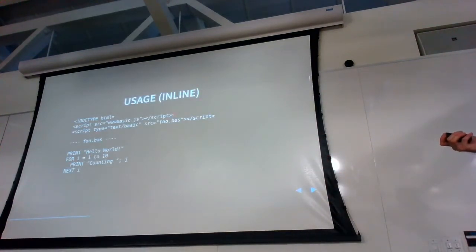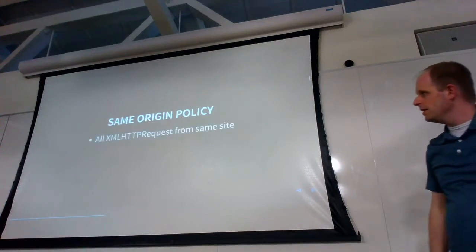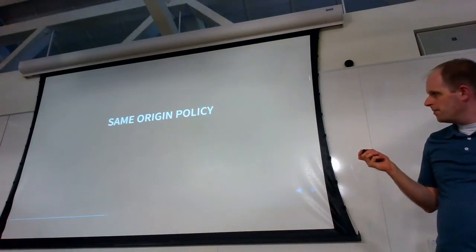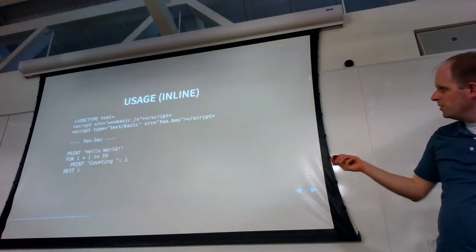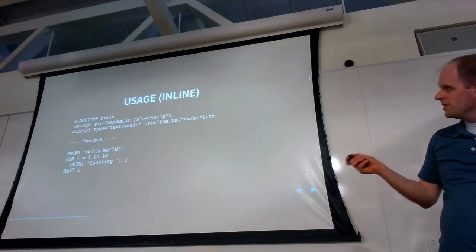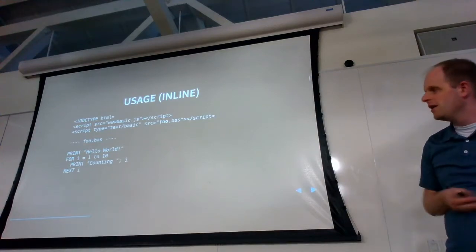There's another mode of operation where you reference the source in a separate file. This has a critical caveat, though, compared to what you would do with JavaScript, because of the same origin policy. When you have JavaScript, even if this is some remote origin fragment of JS, that's a permissible thing to do because of history.